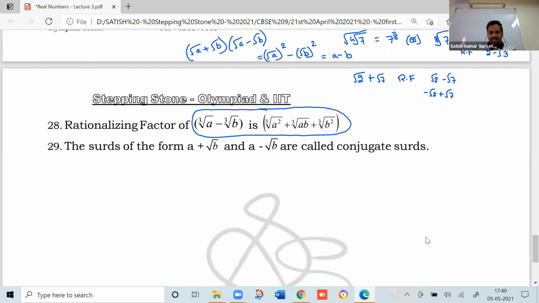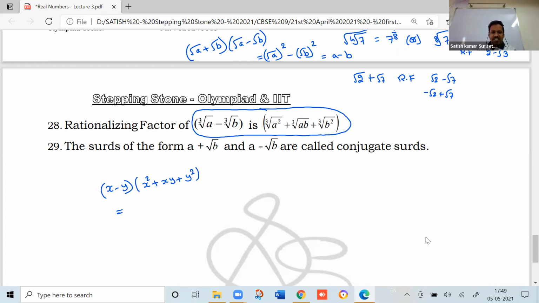Now, does anybody know this product, x minus y into x square plus xy plus y square? Can you calculate the product?